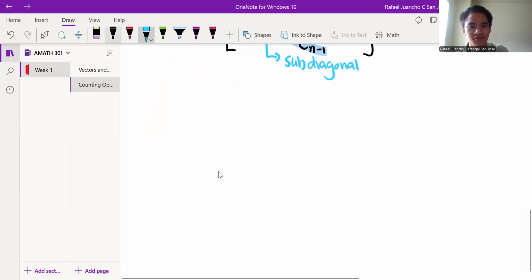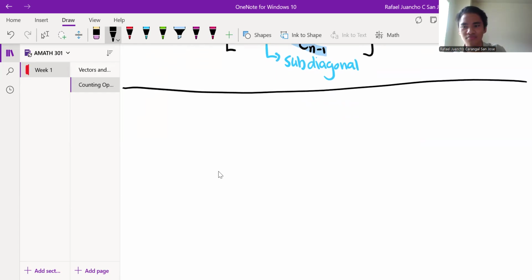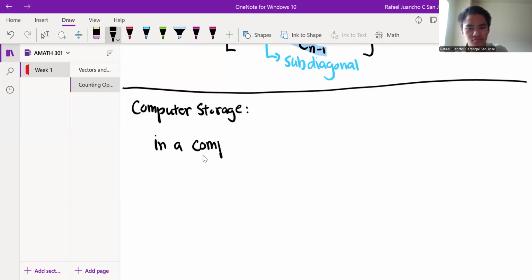Okay, now we're going to move on and talk about computer storage. So we're going to be talking about what exactly is the concept of computer storage? What's its purpose? Why do we need to talk about it in terms of computation, right? So we're going to say that in a computer, every number or value must be stored, right?